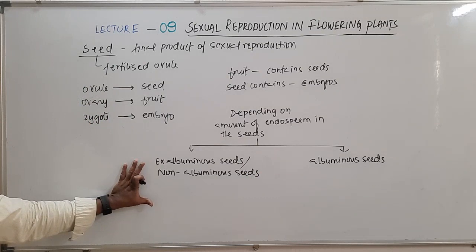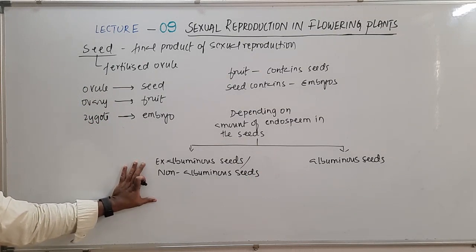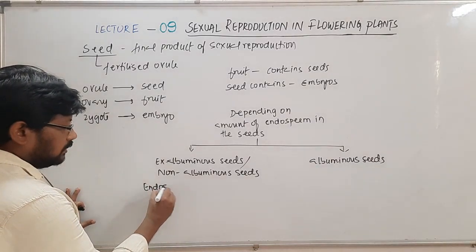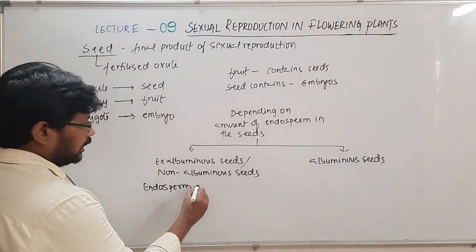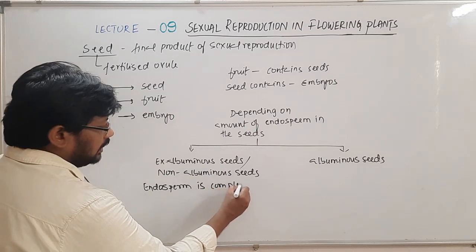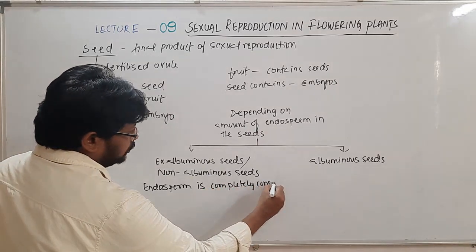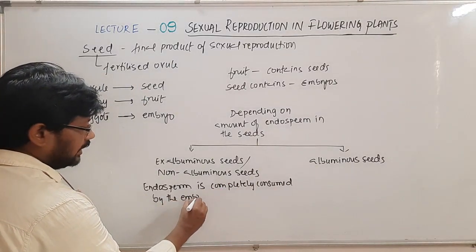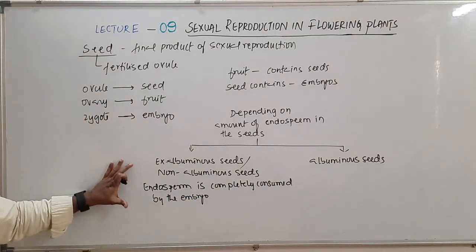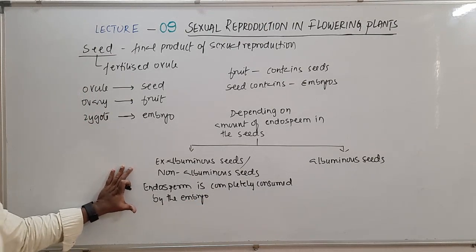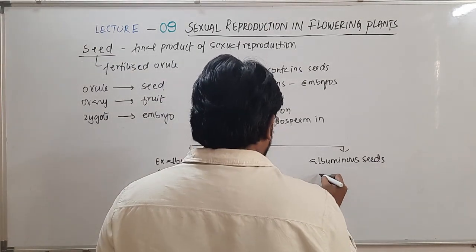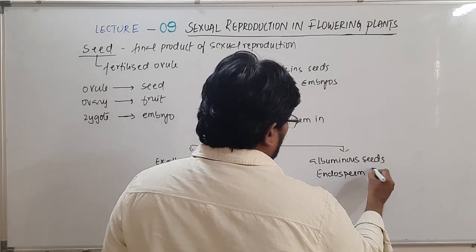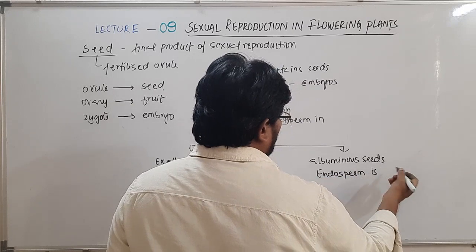In these seeds, the endosperm is completely consumed by the embryo, which I told you already. So the endosperm is completely consumed by the embryo, and hence there is no residual endosperm present in the seed. Whereas in the case of albuminous seeds, the endosperm is still present.